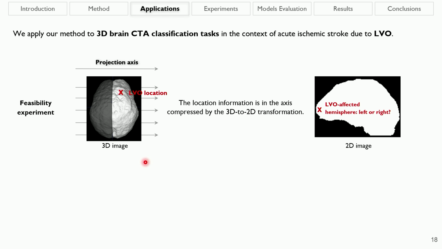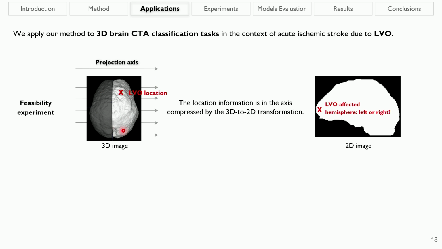As a first thing, we wanted to see if L3P is indeed able to learn the 3D information. To do so, we designed an experiment to precisely assess the ability of L3P to encode the location of the LVO into right or left hemisphere, where the location information is actually in the compression axis, in the projection axis, which is the axis compressed by the 3D to 2D transformation.